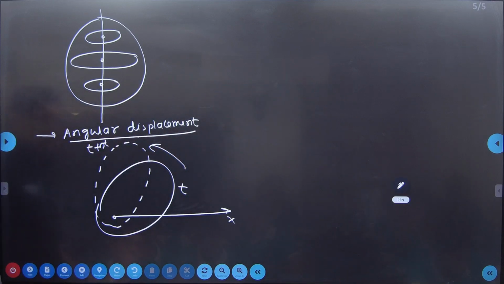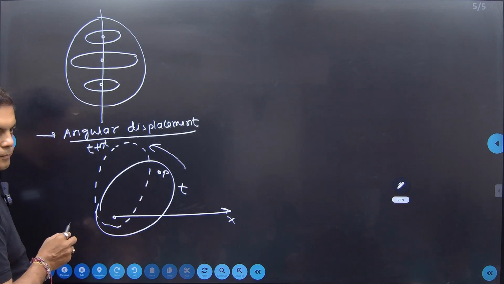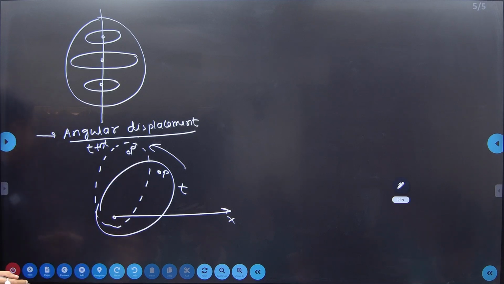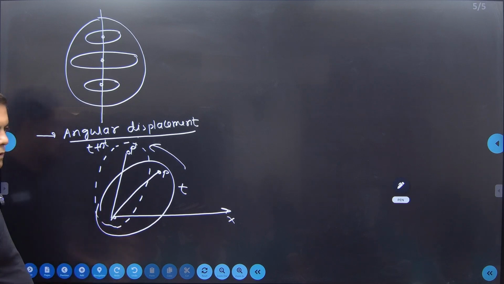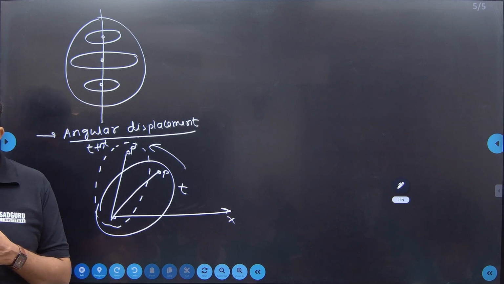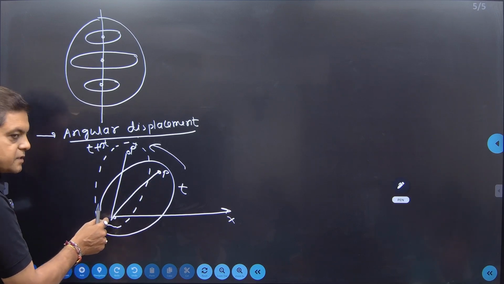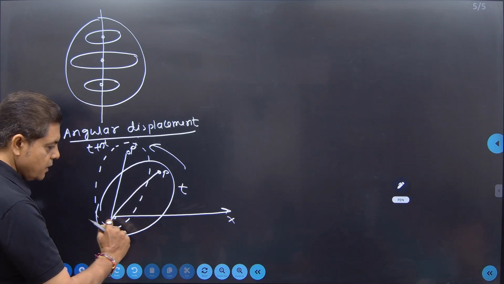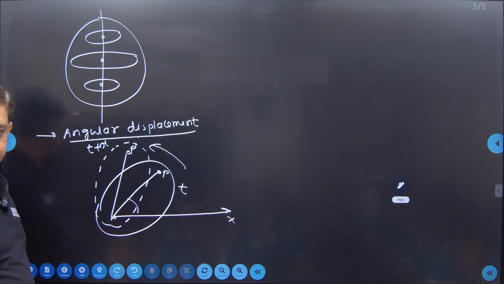If I consider one particle, suppose at time t the particle is at point P, and at time t plus delta t the particle is at point P dash. If I consider any representative particle on this rigid body and join it with the center, the angle between this line and the reference axis is its angular position.